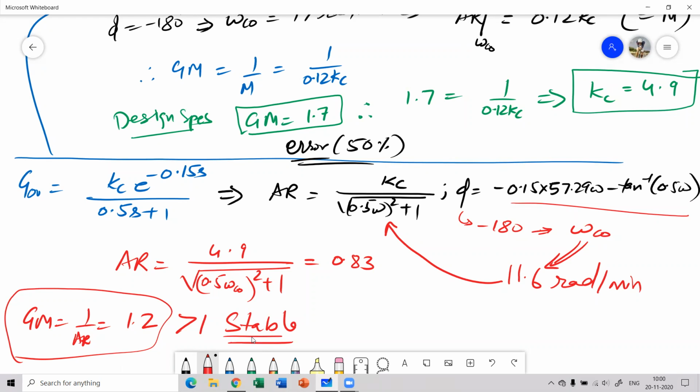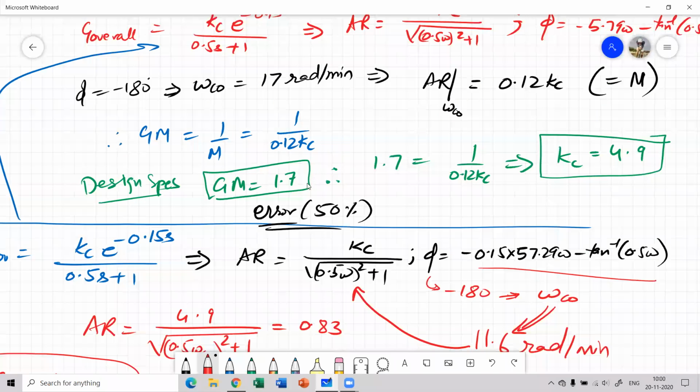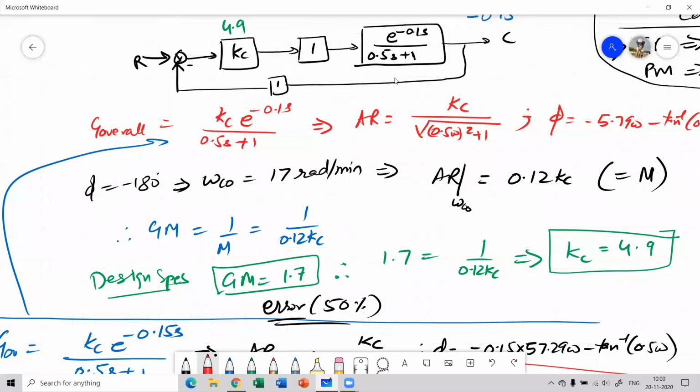How? Initially, we have tuned the parameter by considering a gain margin of 1.7.